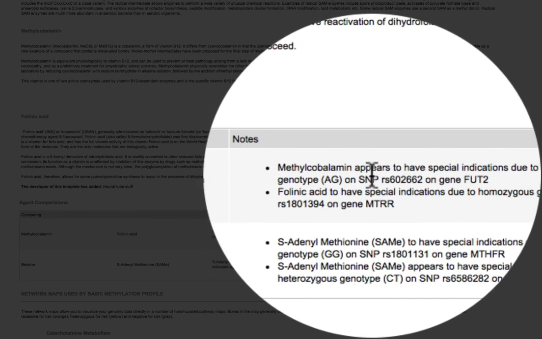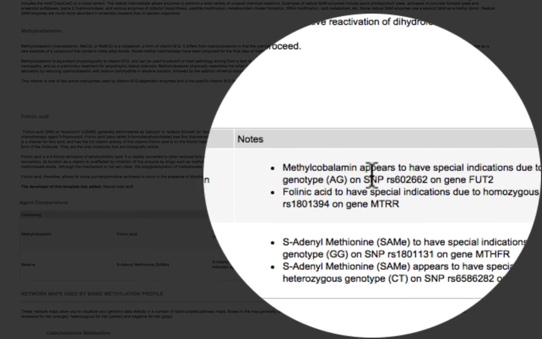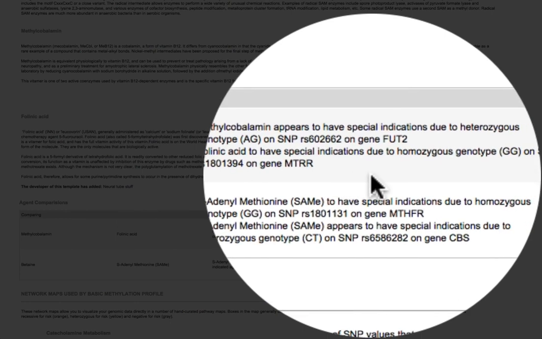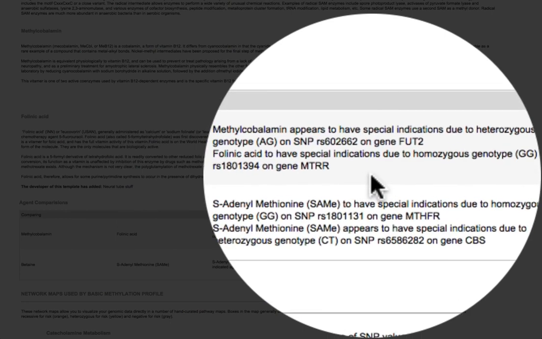Opus felt impelled to tell you that methylcobalamin may have a special indication, however, due to a heterozygous SNP on FUT2. So in English, what it's saying is that this person is actually an ABO secretor, which might impact their propensities for being able to assimilate vitamin B12, which might give special indications on a need for B12 independent of doing the head-to-head.